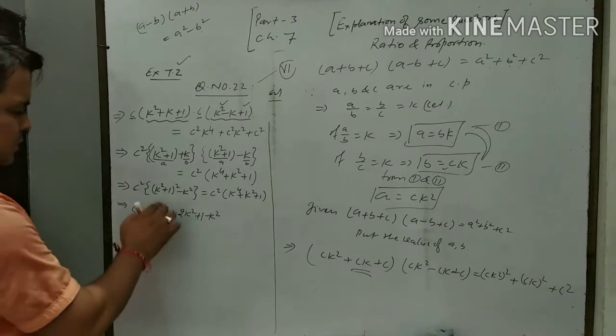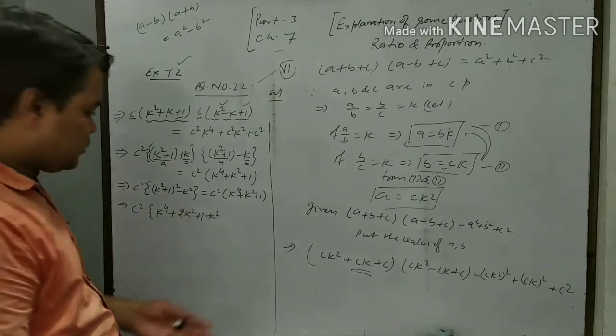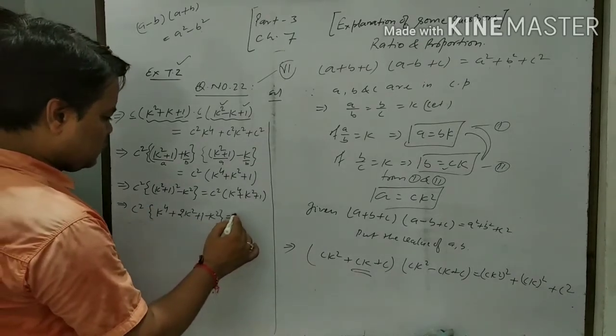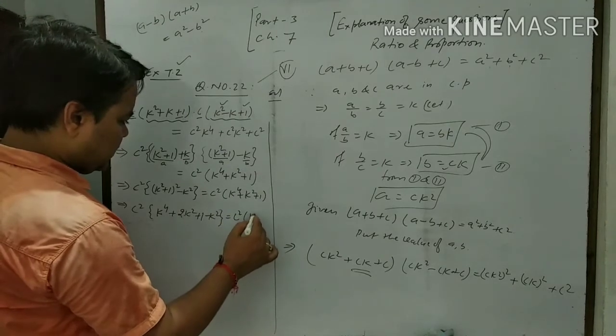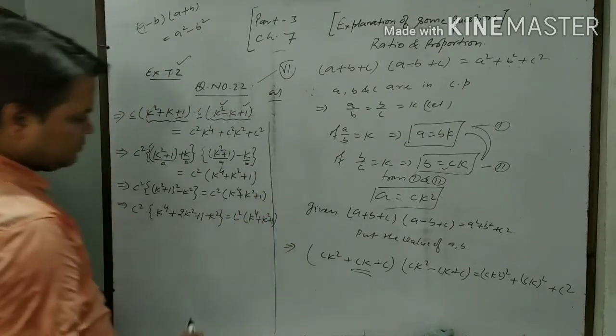Simply we just expand it: a square plus b square, a square plus 2ab plus b square, and here this value minus k square. Now c square times k raised to power 4 plus k square plus 1.